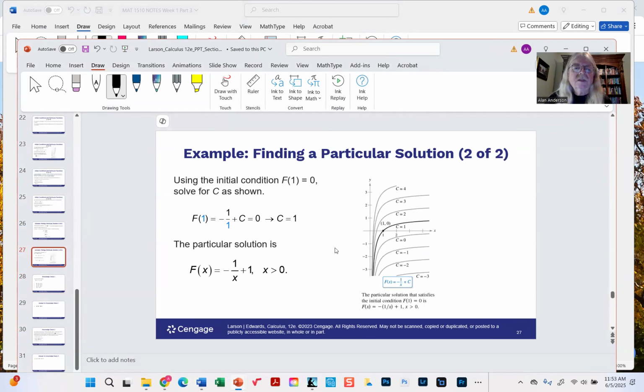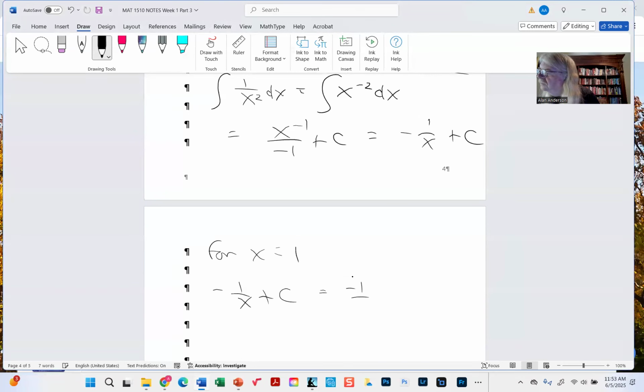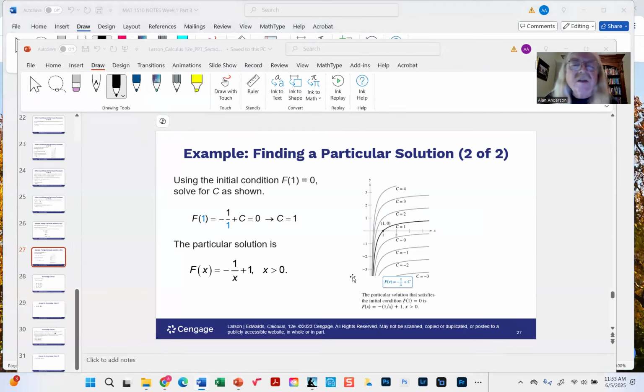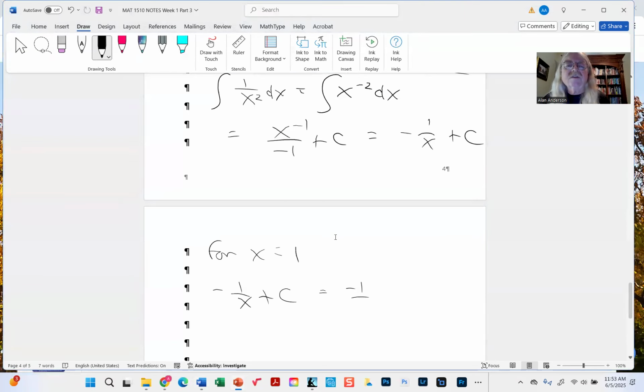If you replace the x with a 1 in your answer, that is, oh, wait, sorry. No, they're telling us that the point is 1, 0. So in other words, I missed that part.